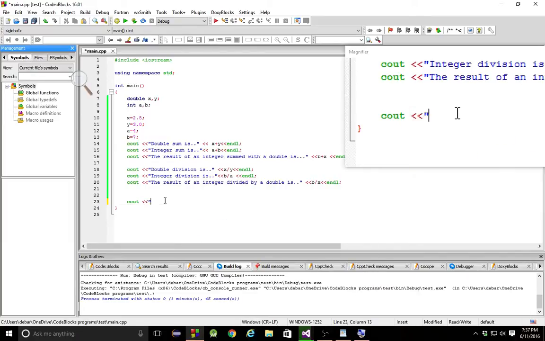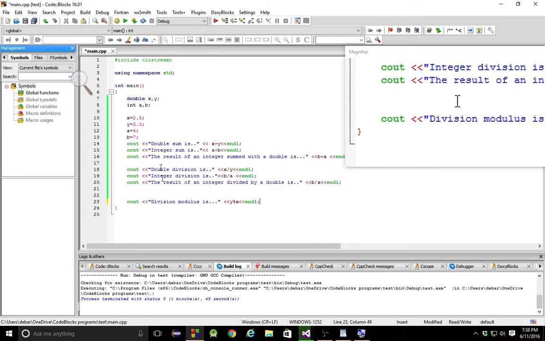So I could put a cout over here and then just state division modulus is, and we're going to do y mod x. That's the first one that we were going to do, and then after that we're going to try x mod y.